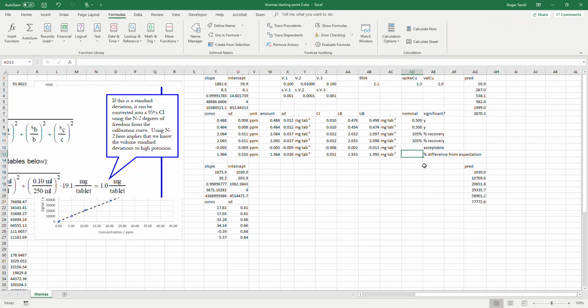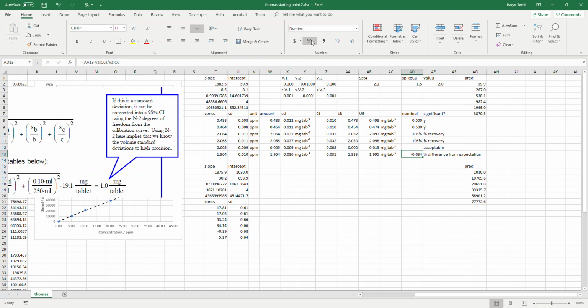And then the percent difference here will equal that minus that divided by that, and format that as a percentage, right? Minus 3% difference, and that is very, very acceptable. Even though I just made that up, right?